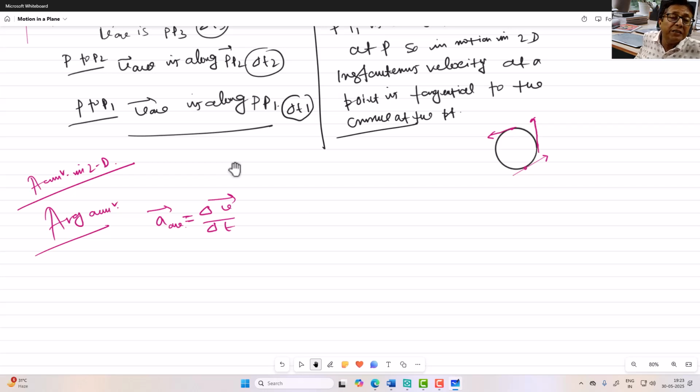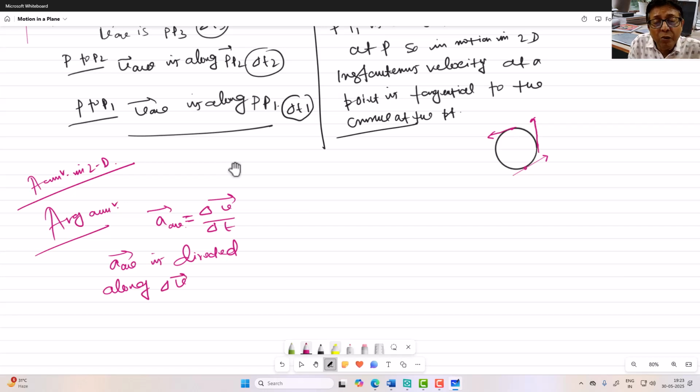A average is delta V by delta T, and quite obvious that A average is directed along delta V.